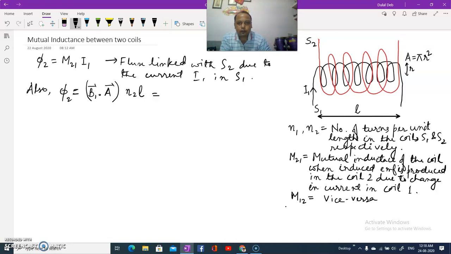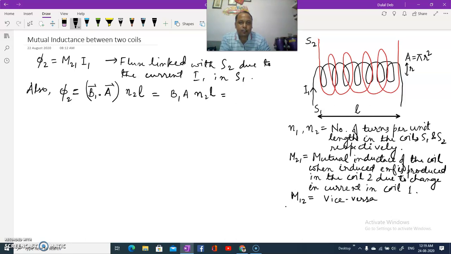The magnetic field and the area vector obviously have the same direction, so we can write B1 A cos 0, which is 1, into N2 into L.